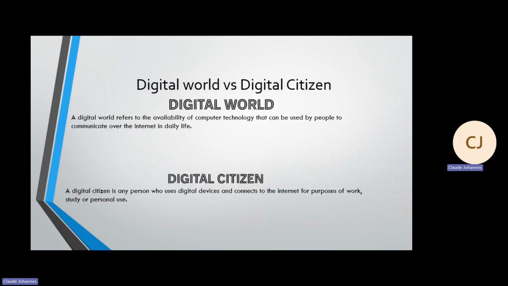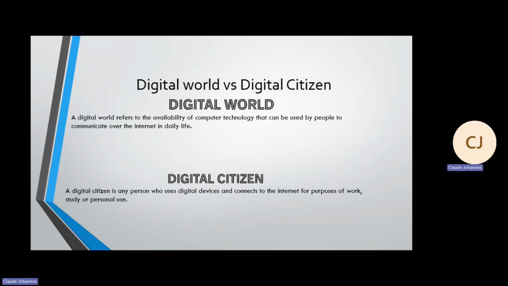Right? So the digital world versus the digital citizen. The digital world refers to the availability of computer technology that can be used by people to communicate over the internet in their daily life. Nowadays you have your cell phone, you cannot live without it. You will feel lost. A person who felt lonely in the past is not lonely anymore because they can connect with their friends and send a text.